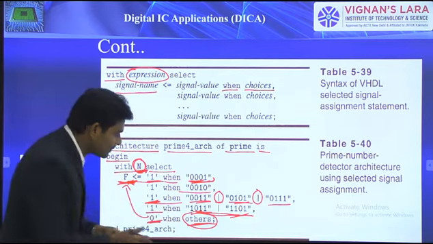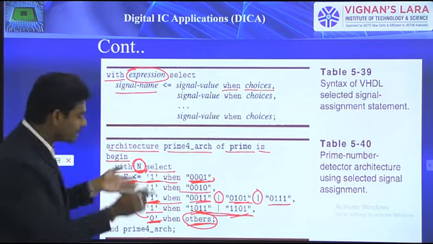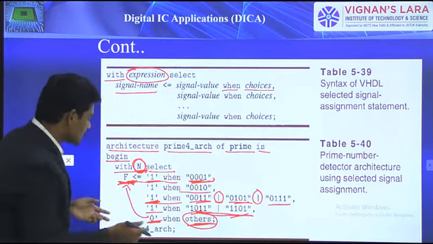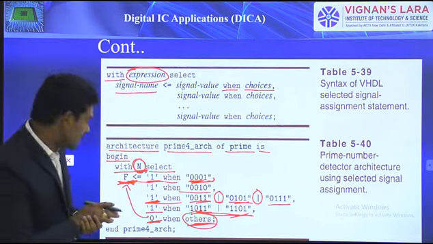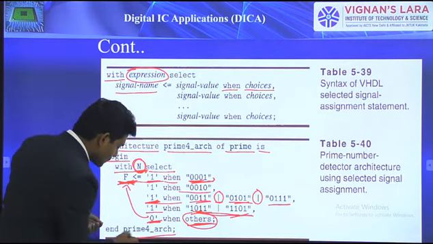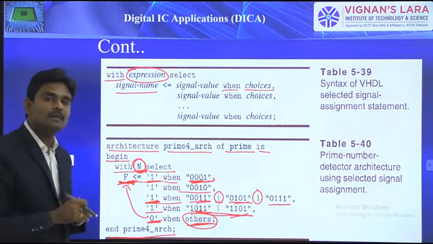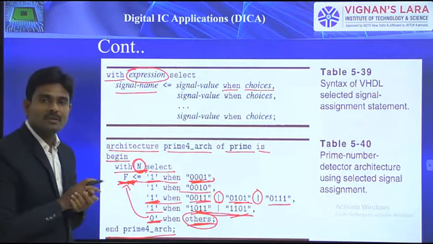But by placing others, I can cover whatever I didn't cover yet. All those must be covered in this others state, so 0 will be assigned. Finally, we close this by using end prime 4 underscore on. So this is how to write a program for this.